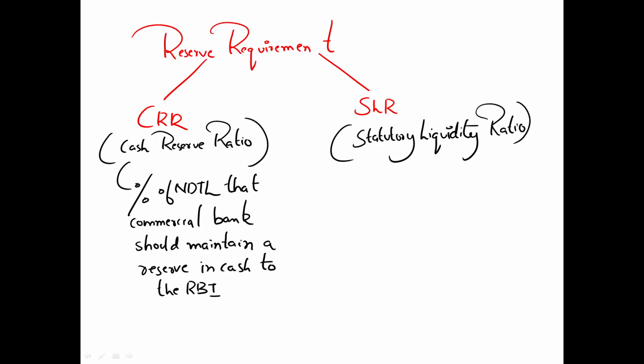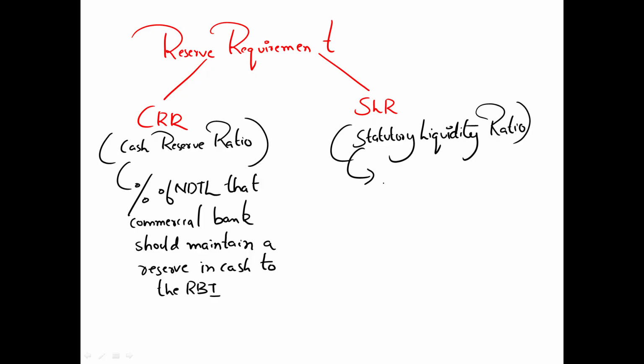So what is the cash reserve ratio? Among the total net demand and time liability, or the total deposits held by the commercial bank, the commercial banks cannot lend the entire amount to the public. So a certain percentage should be maintained in cash as reserve with the RBI, and they can't lend that money.